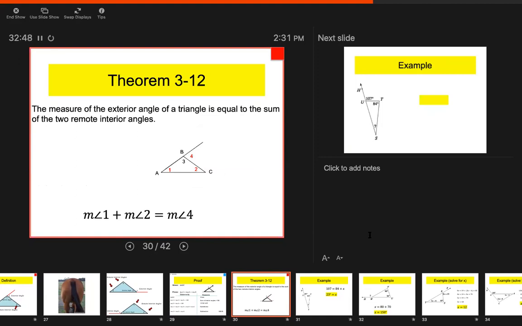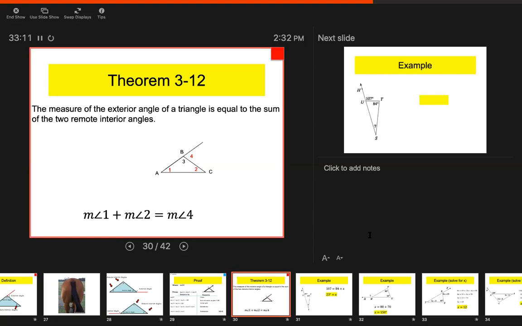Ben, you with me? Yes, I'm with you. Yeah, this is a very important one. Aren't they all important though? Important in the sense that we will use this often. Nearly everything we do from now on is going to have a triangle in it.